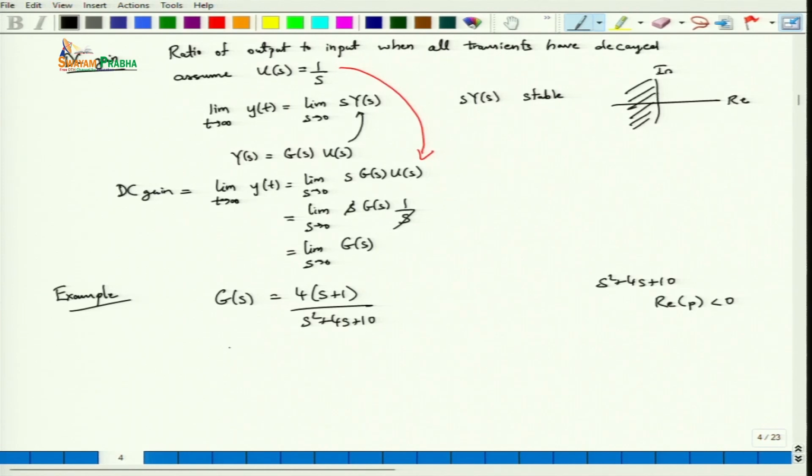So it satisfies this condition. Then we can find the DC gain by taking the limit, g of s equal to 4 by 10, which is equal to 0.4.